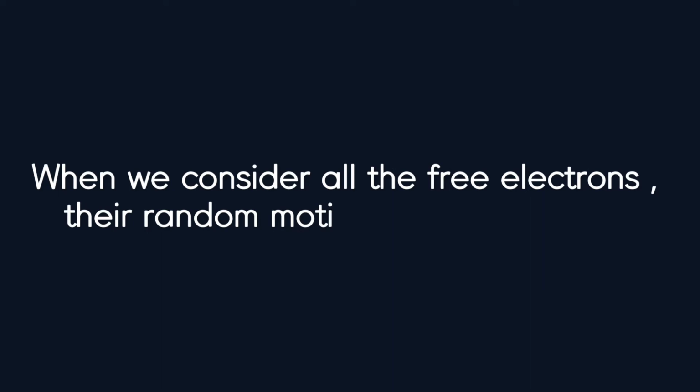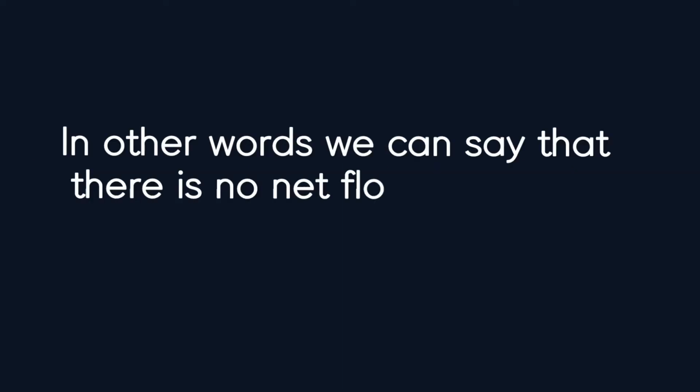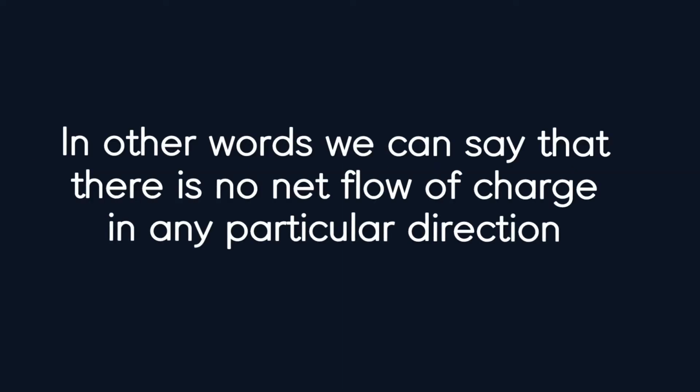After each collision, their direction of motion changes, and when we consider all the free electrons, their random motion averages to 0. In other words, there is no net flow of charge in any particular direction, and hence no current is established.